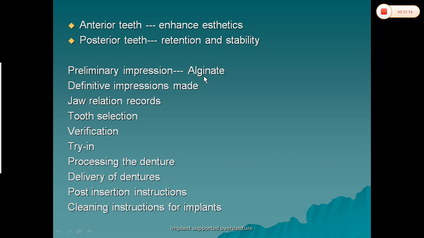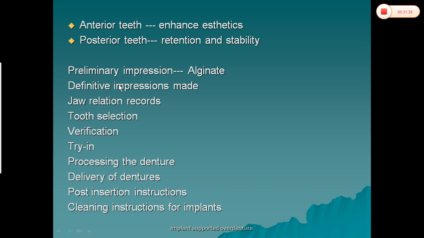A cast is fabricated. Over the cast, we make a custom tray, a special tray, and with the special tray, definitive impressions are made. The definitive impression depends on which type of attachment. Ball attachment means a closed type of tray is used. For bar attachment, an open tray is used.